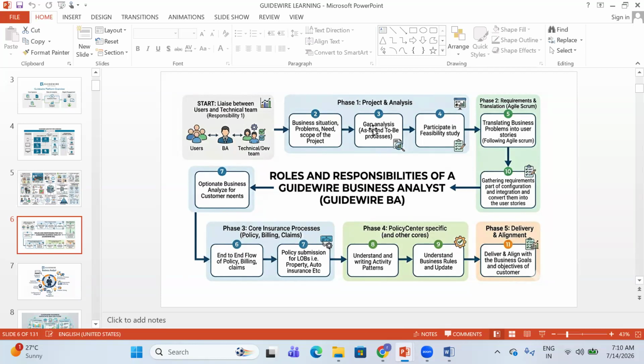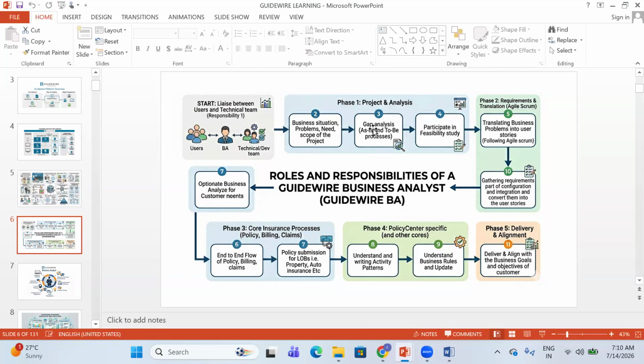In addition to this, we must know the business rules, along with activity patterns. If you're talking about PolicyCenter, underwriting rules are the business rules. When you talk about ClaimCenter, the business rules can be different, like activity rules, exposure rules, and reserve rules.